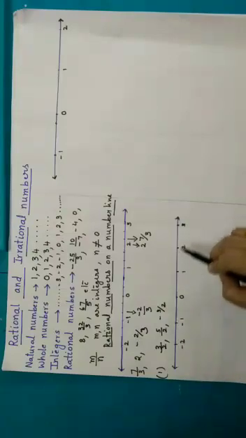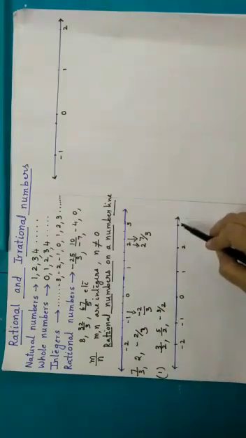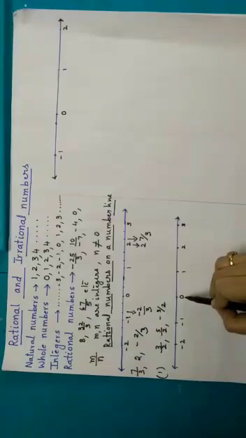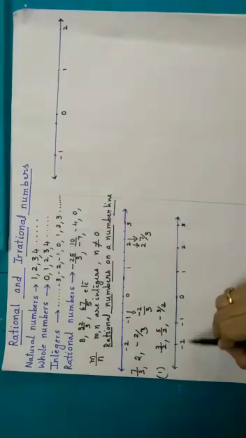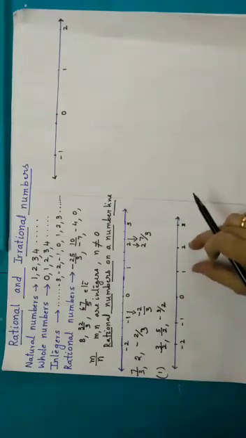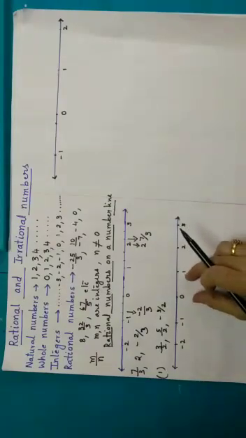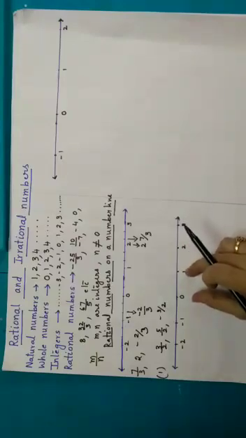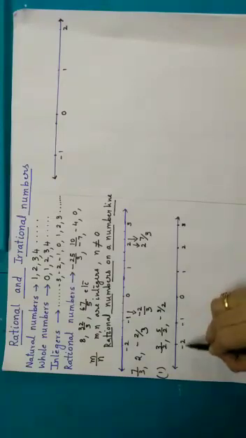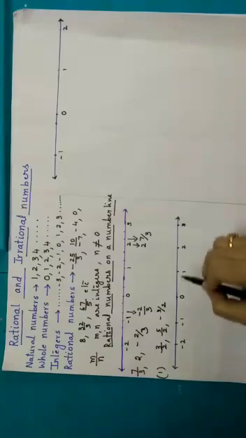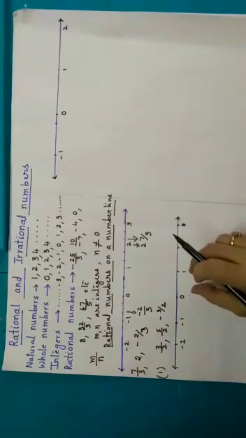First of all, draw a straight line. Show the numbers 0, 1, 2, 3, minus 1, minus 2 at a distance of 1 inch. Why have we taken 1 inch? Because it should be a little bigger distance. Afterwards, once the numbers are written on the number line, we have to divide each unit.